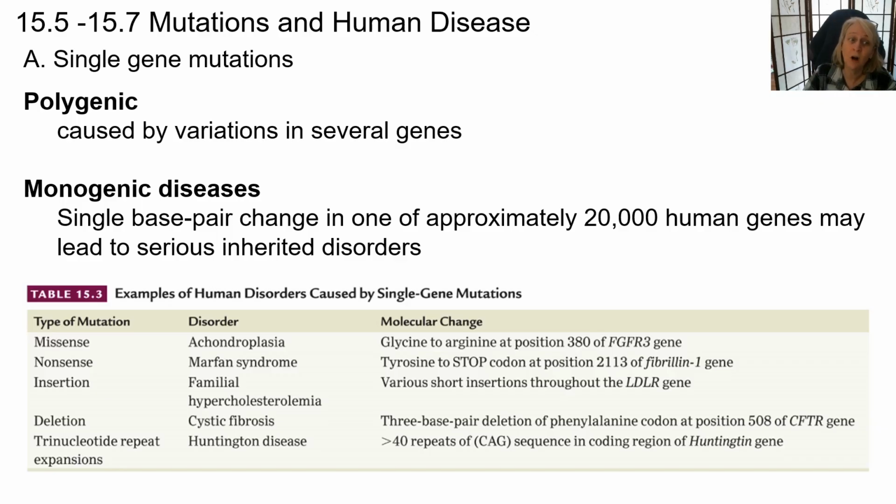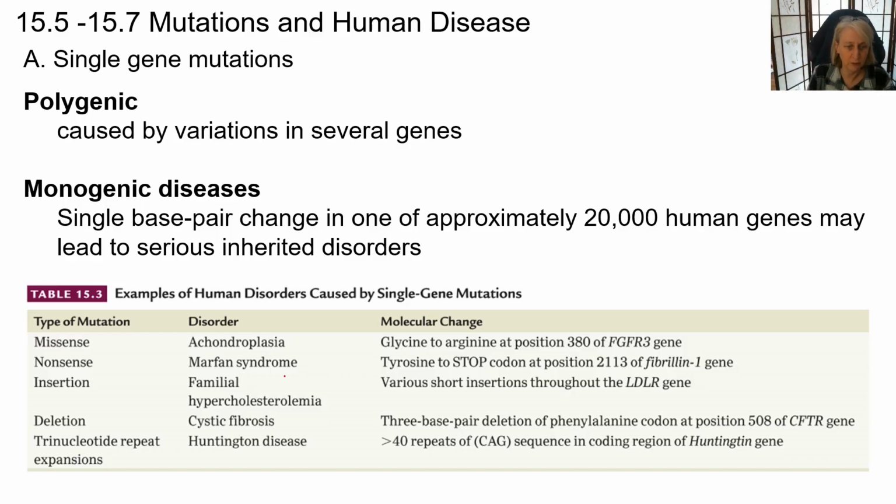Most genes that we talk about and most diseases that we talk about are polygenic, meaning more than one gene is involved. There are some very well-known monogenic or single gene diseases, things like achondroplasia, which is a form of dwarfism, Marfan syndrome, which I feel like we talked about in a couple lectures.